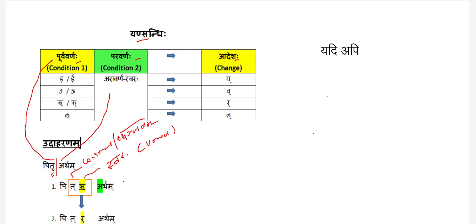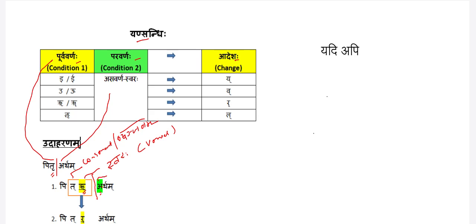So this tru is a combination of Takara and Rikaraha. So after the split, we can determine that the Purva Varnaha is Rikaraha. And Paravarnaha anyway is a Swara, and there is no need for any split.